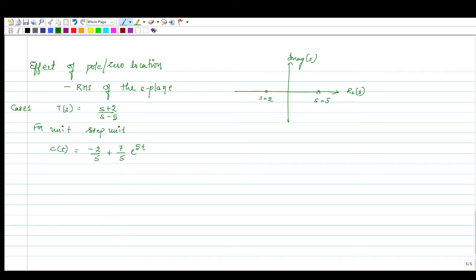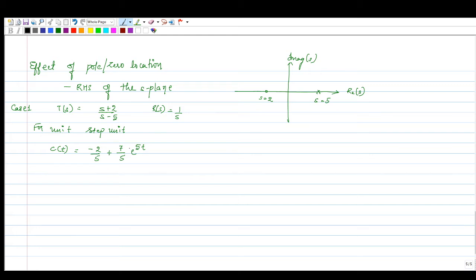I have avoided the intermediate steps where we take C of s equal to T of s into R of s, where R of s is 1 by s, then take the partial fraction and then the inverse. That step has been avoided to save time. Here you can see that the power of e is positive.